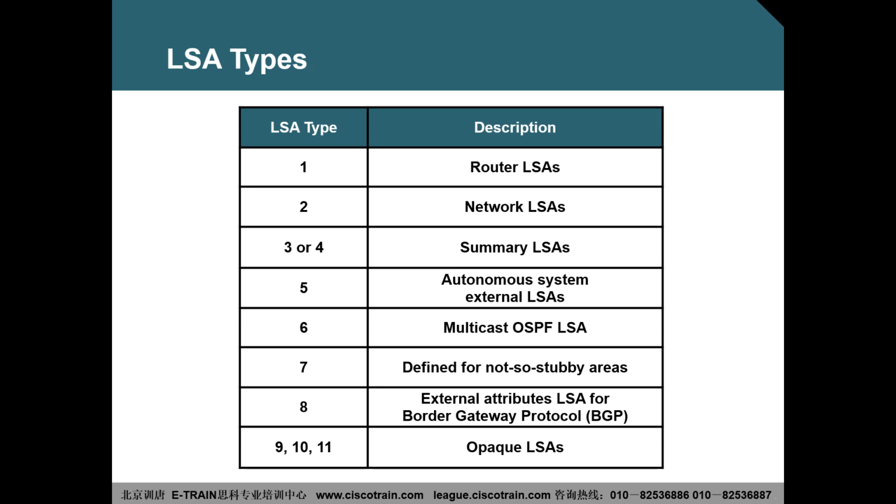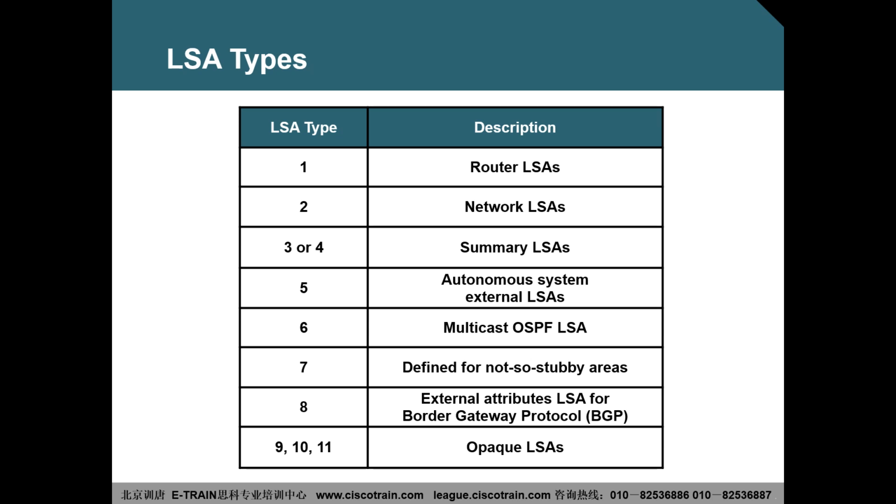And BGP always advertises routes along with attributes. So when attributes are carried in OSPF, we need a carrier to carry them. We need an advertisement type to carry that BGP attribute.